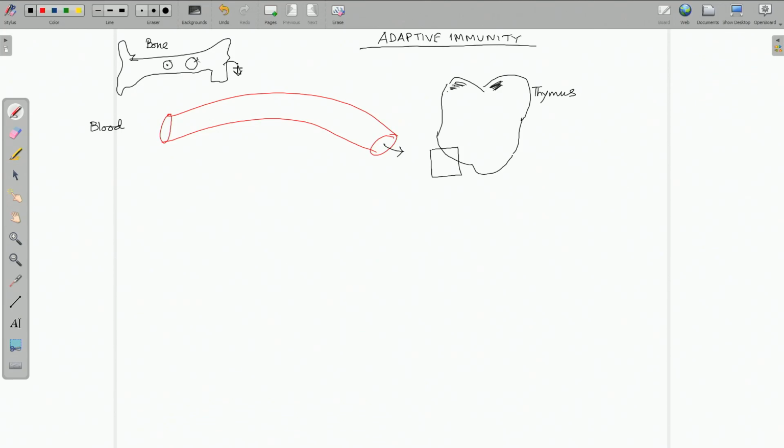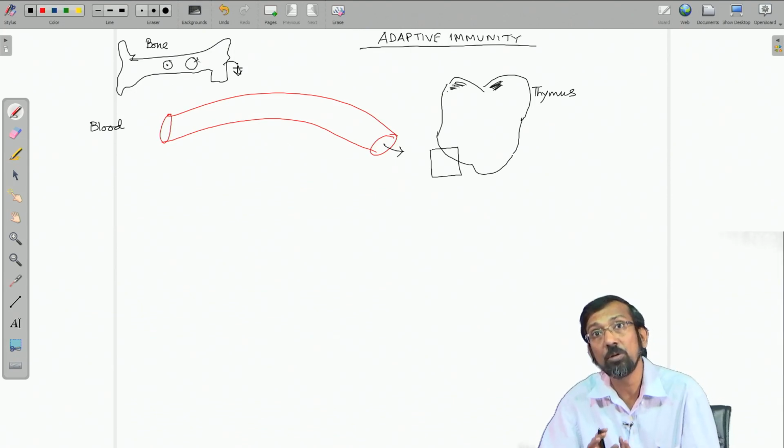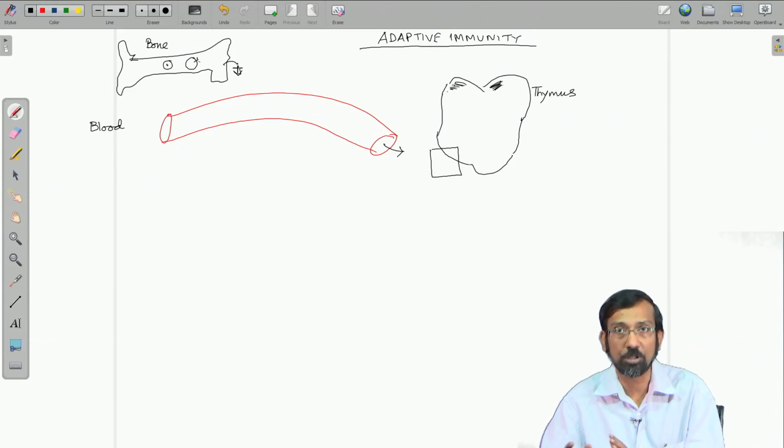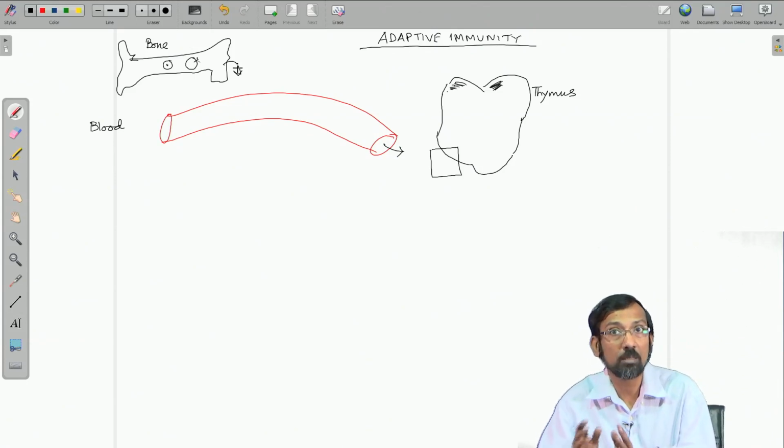Similarly, these other leukocytes also migrate. We call these T cell precursors because they have not yet become mature T cells. So, the first stage is their maturation. They have to mature to become T cells.